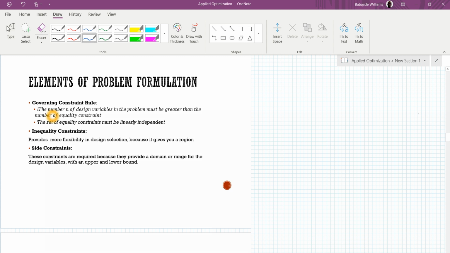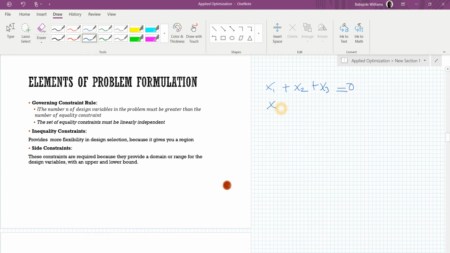First, let's repeat: the number n of design variables in the problem must be greater than the number of equality constraints. What that means exactly is that you must have the number of variables x1 plus x2 plus x3 equal to 0. Sorry, now we're talking about equality constraints, so that's going to be equal to 0.